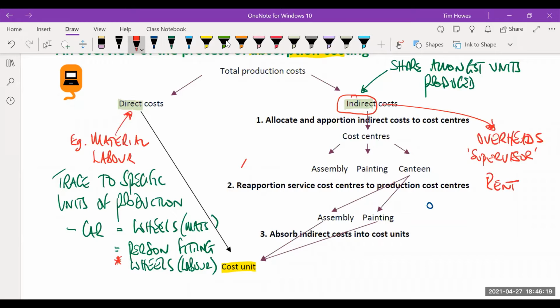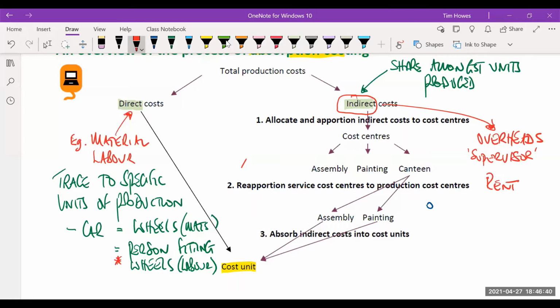We can't operate without a factory. We have to pay rent, we have to pay rates, all of that kind of stuff. And that's all part of the cost of producing whatever it is we produce, the cars, the cakes, the bread, whatever example you want to use.